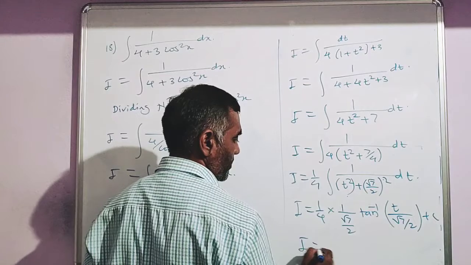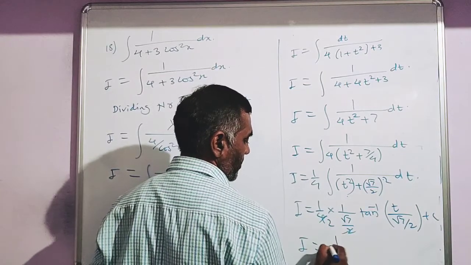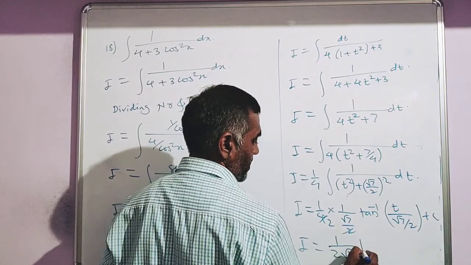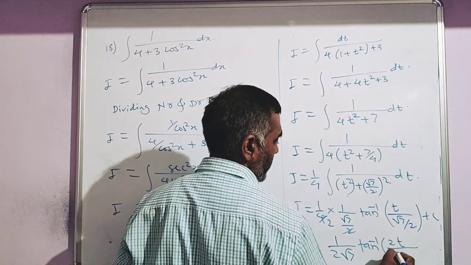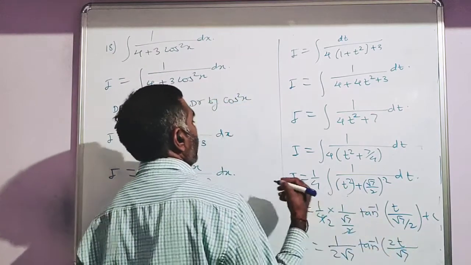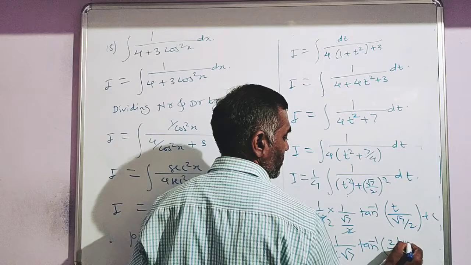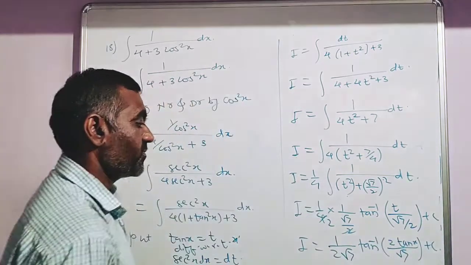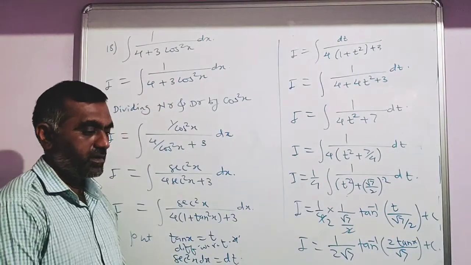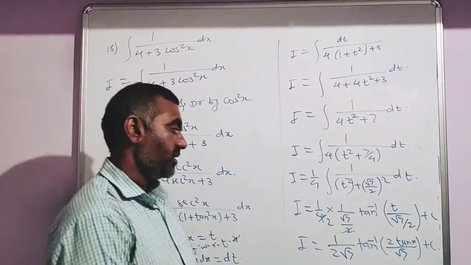Therefore I is equal to 1 by 4, 1 upon 2 under root 7 tan inverse of 2t upon root 7, and t is nothing but here tan x, 2 tan x upon root 7 plus c. This will be the final answer here.